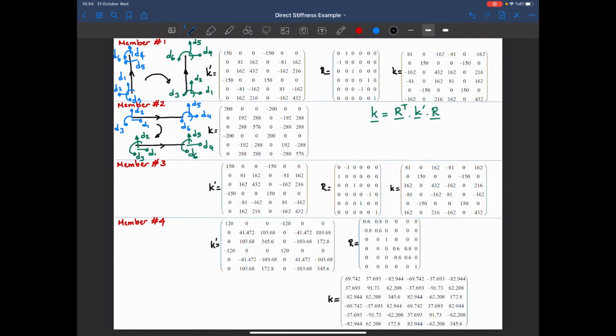I define the third member in this direction. The start node will be at the top, the end node will be at the bottom.